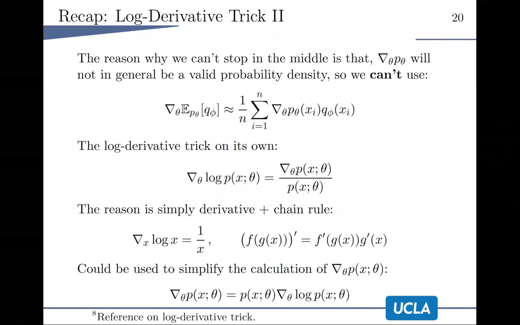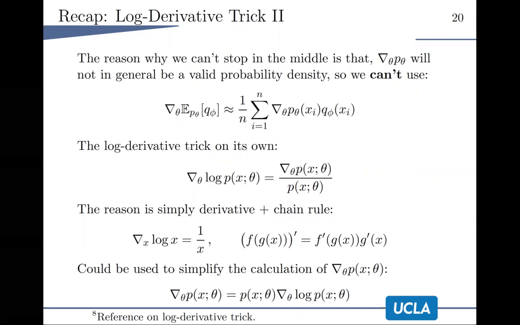The reason we can't stop in the middle is that nabla p itself is not in general a valid probability distribution, so we can't directly use it to estimate the value.